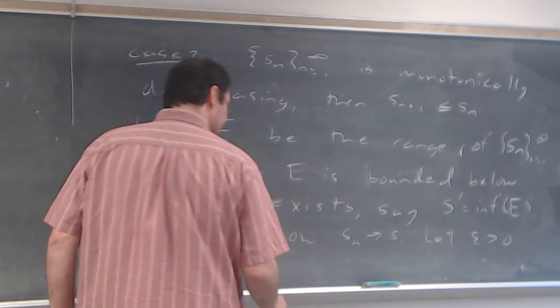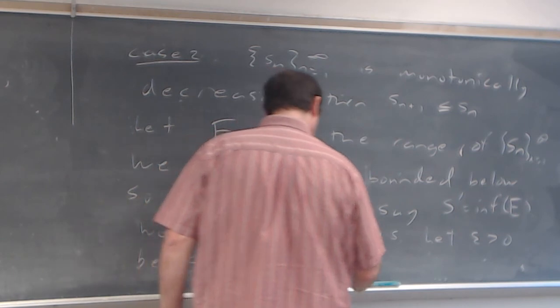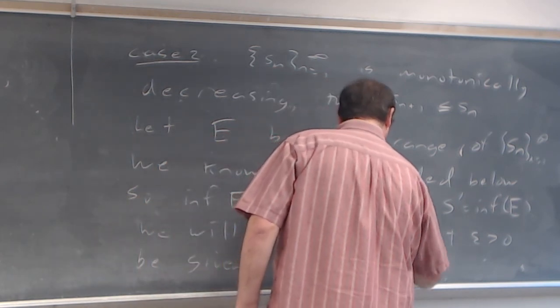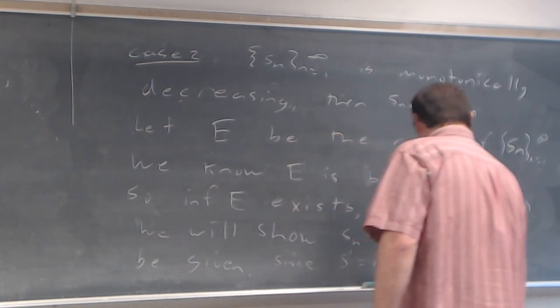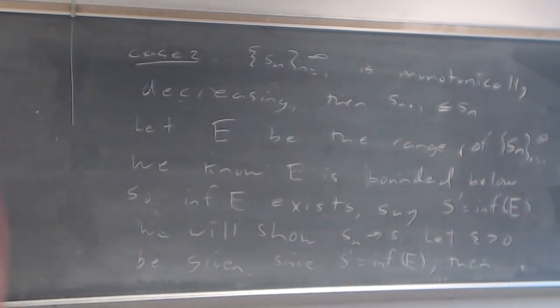Since S prime is the infimum of E, if you add a positive part to that, it's not going to be a lower bound.